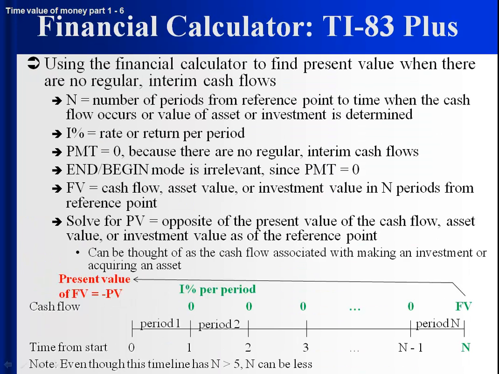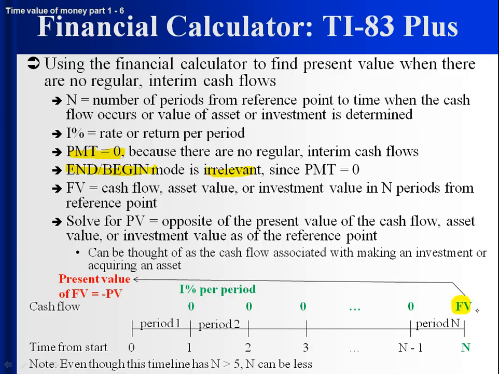In our financial calculator, again, we're going to assume payment 0, so the modes are relevant, and we're going to basically give it the cash flow. We're going to give it T, the number of periods after time 0 when this value or cash flow is expected, and we can solve for the present value.